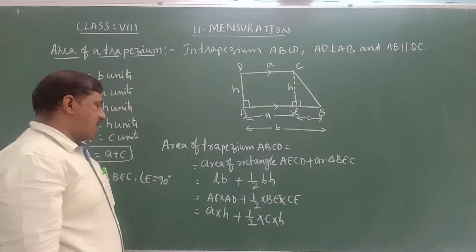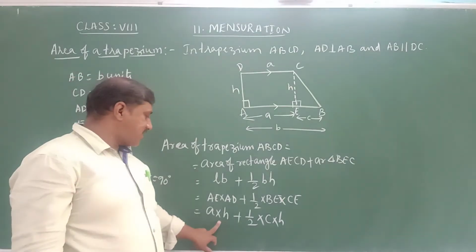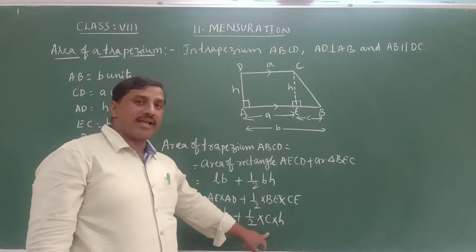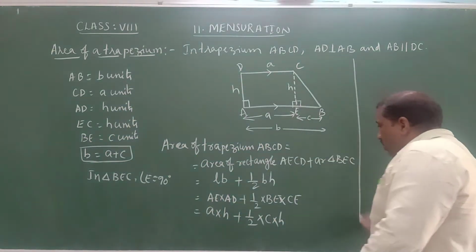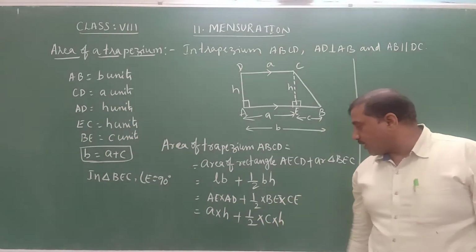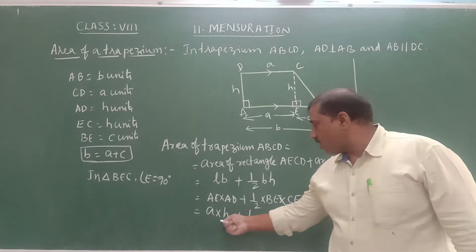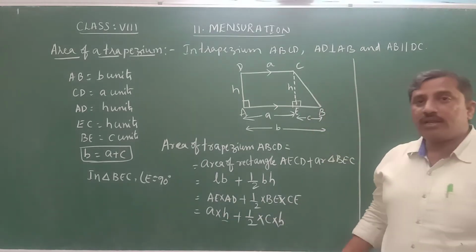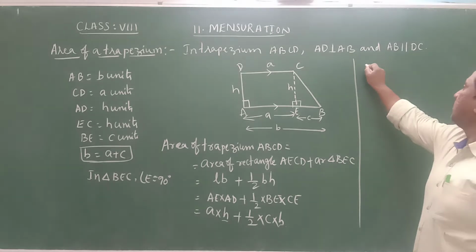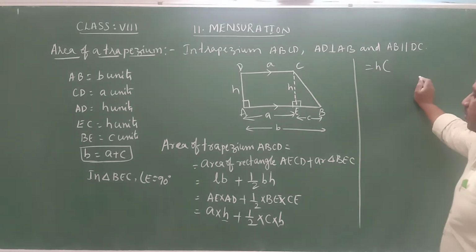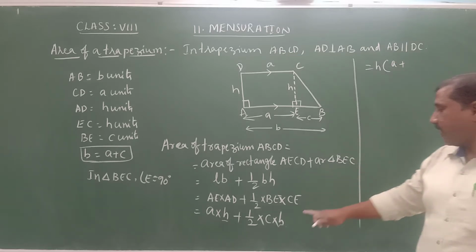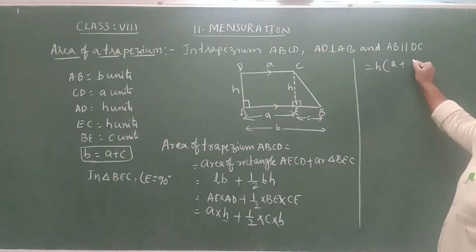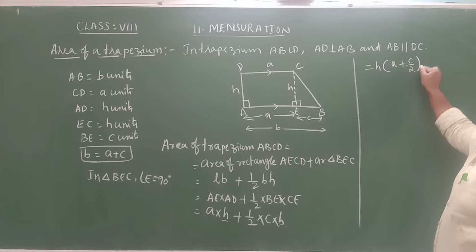This H. A into H, AH, plus half into C into H is the area of triangle BEC, and area of rectangle is A into H. Now from this we have H as the common term. You take common factor H out. That is equal to H into, then what is left? It is A plus 1 into C, which is C by 2, square units.